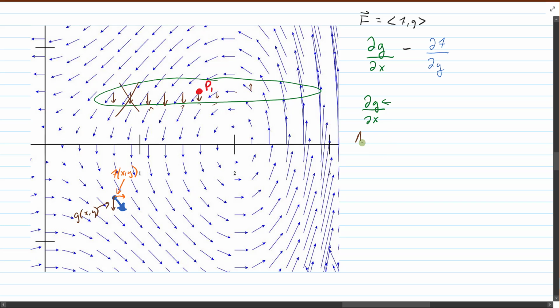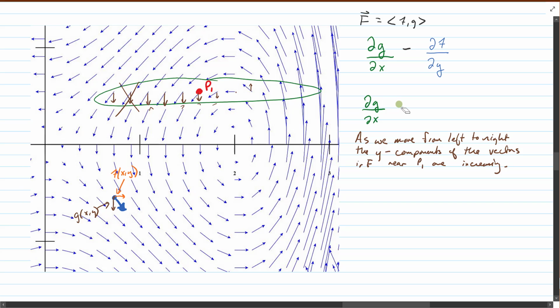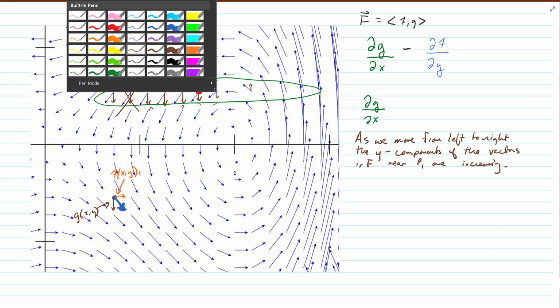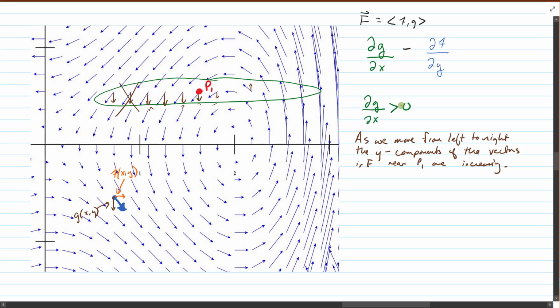As we move from left to right, the y components of the vectors in the vector field near point P1 are increasing. That's the information we glean from this, and so we would say that the partial of g with respect to x is greater than 0.